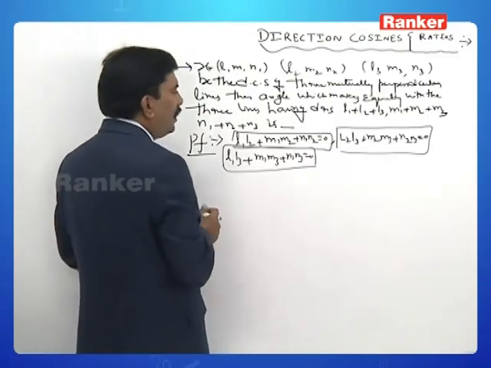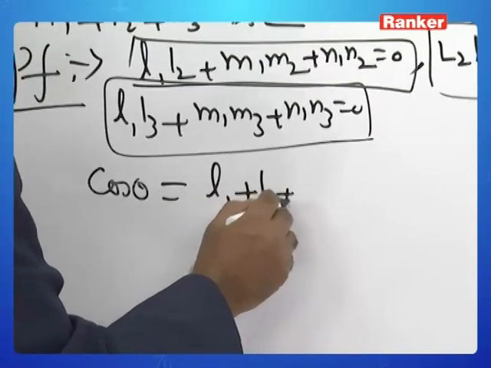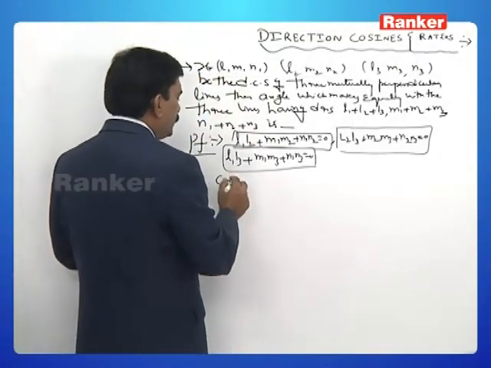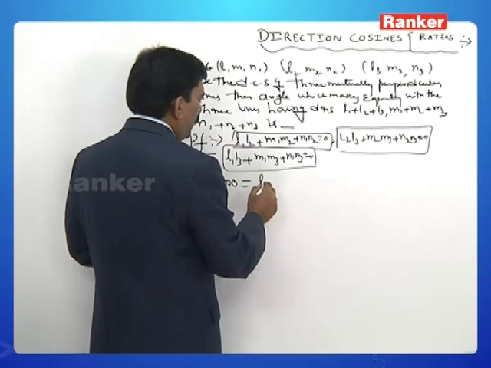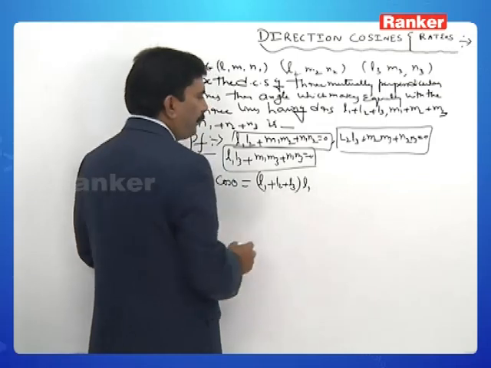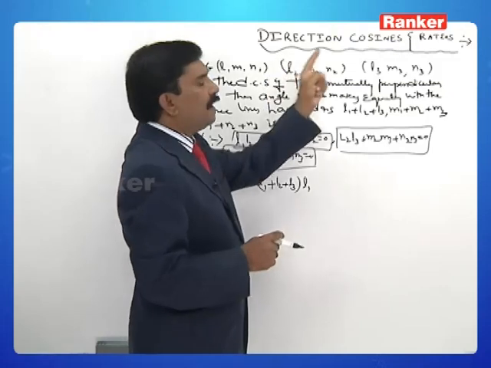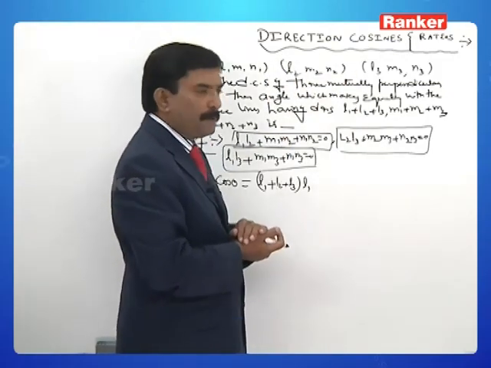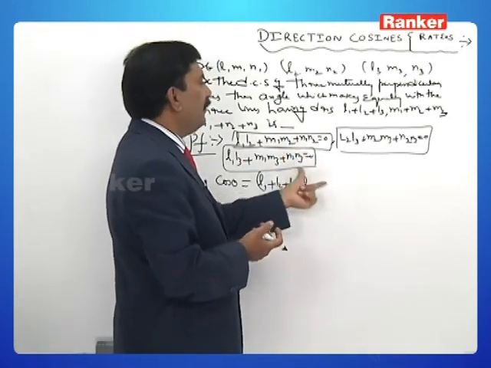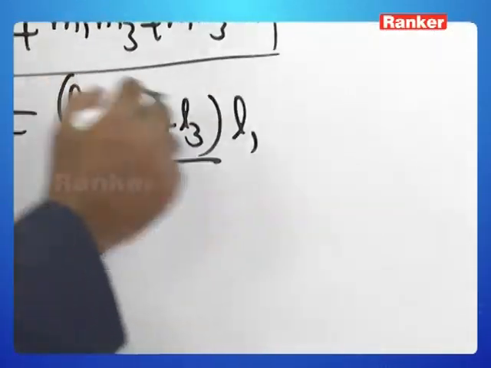So now let us start. Cos theta is equal to, I can write this as, l1 plus l2 plus l3 into l1. Why? This is the line which makes equal angles with this line, this line, this line. Let it be theta. So let us find theta, the angle made by the line having the DRs with the lines having the DCs.